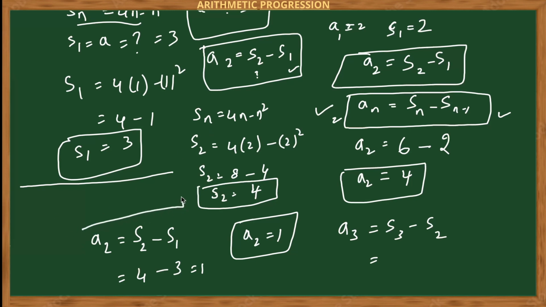Let me just try to get some space here. S3 is equal to 4n, n is 3 here, 3 minus 3 square. 4 threes are 12 minus 3 square 9, 12 minus 9, we get the value 3. So we have S3.